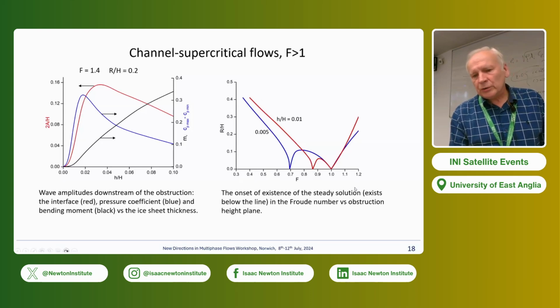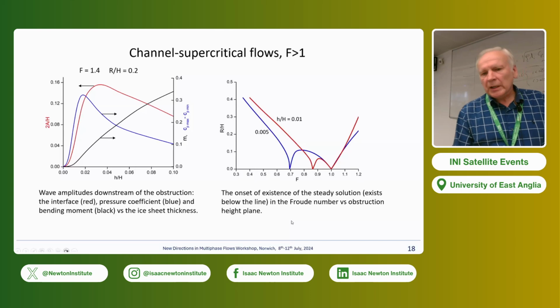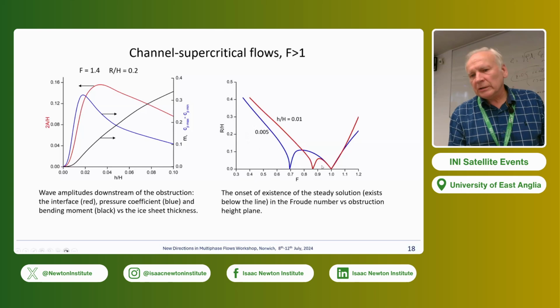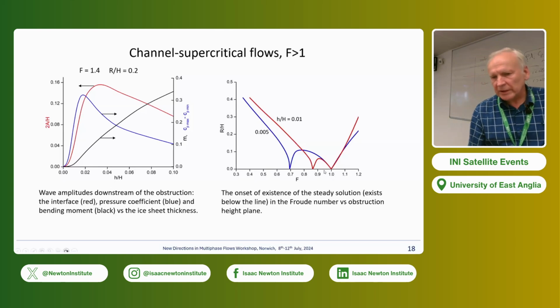Here is shown a region of existence of the steady solution. It exists below the line, and it has two critical Froude numbers. The first is Froude number 1, due to the flow in the channel, and another critical Froude number is due to the elastic sheet.